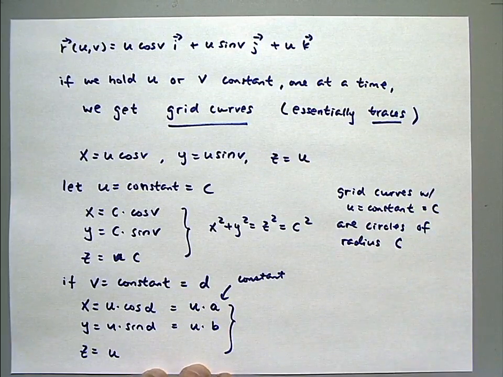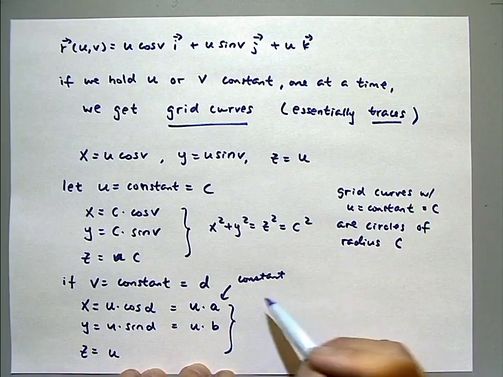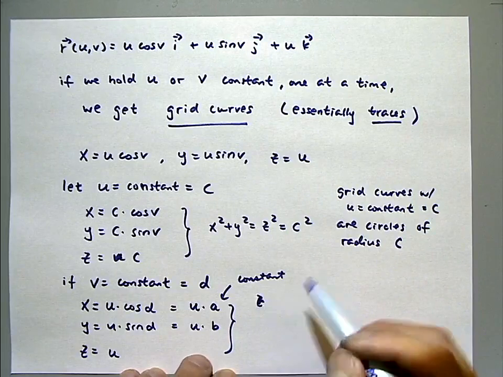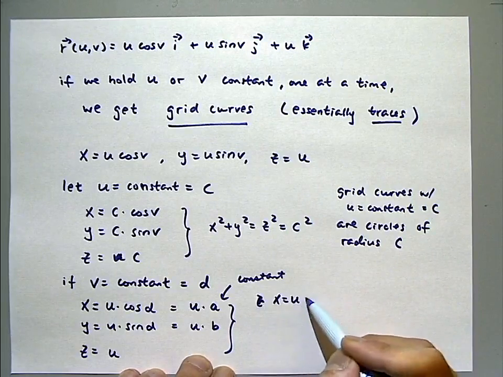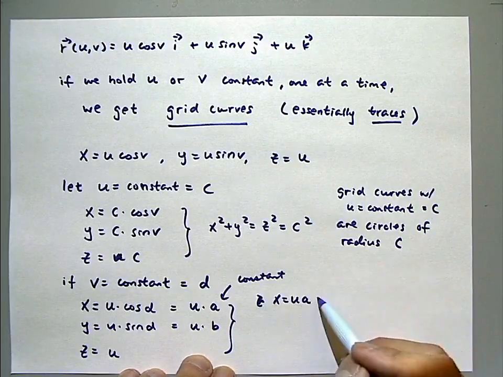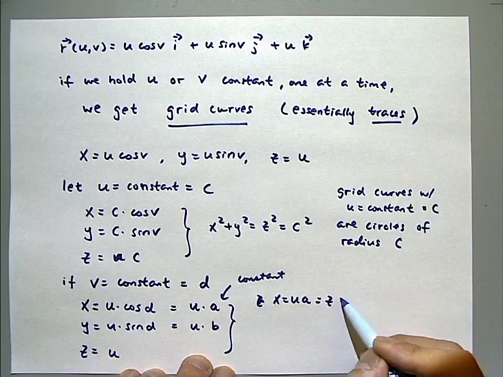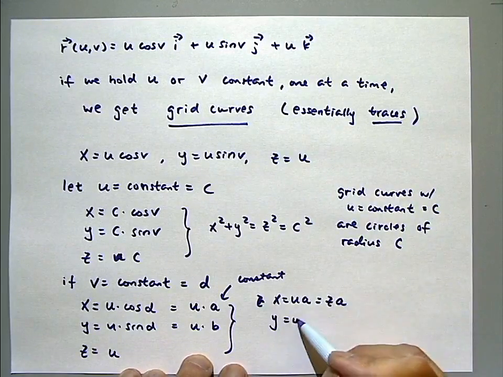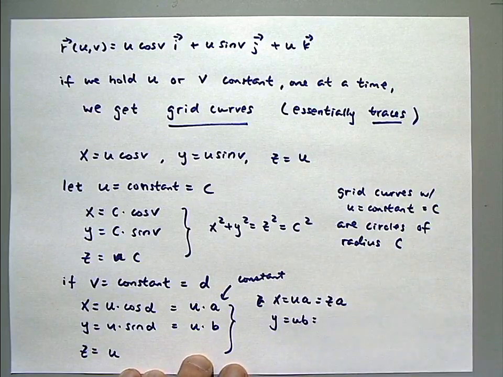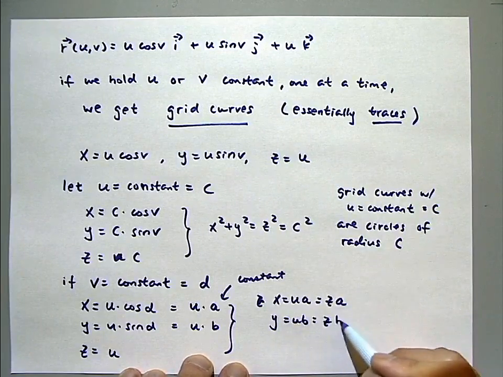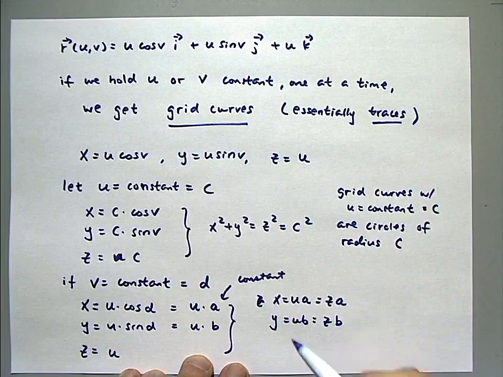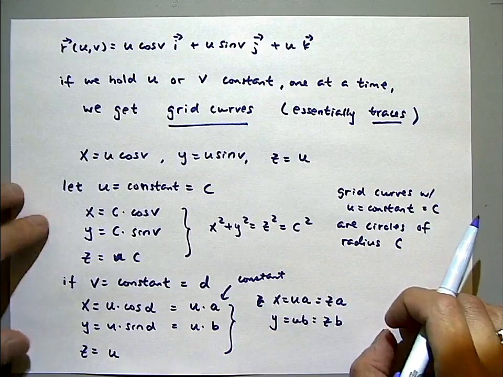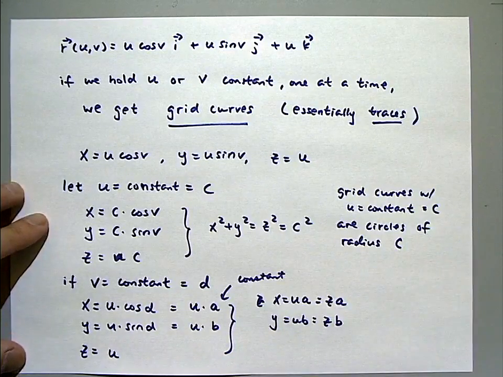Okay, so let's see. These three equations together say that x is equal to u times a, which is the same as z times a, where a is a constant. y is u times b, which is the same as z times b, which is a constant. So we can see a bunch of different curves here.